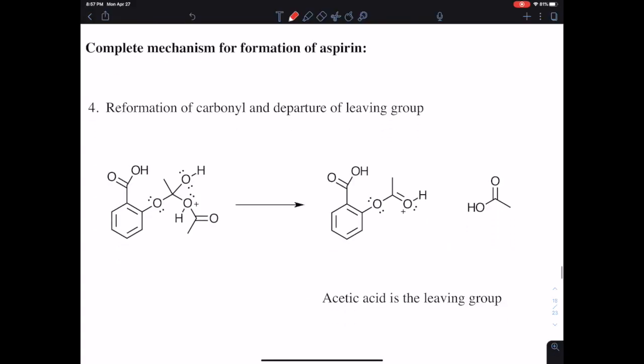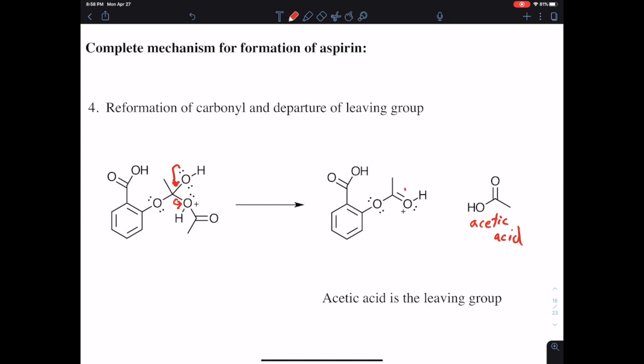In the next step, the leaving group departs, and this occurs by a lone pair on the oxygen reforming the pi bond to reestablish the carbonyl, and this bond breaks, and so acetic acid departs as a leaving group.